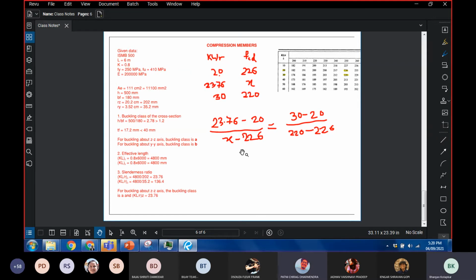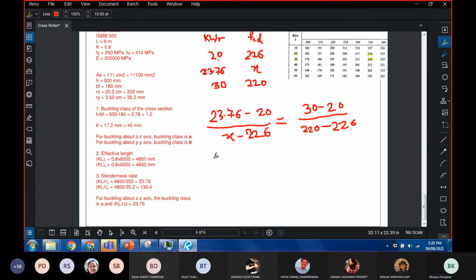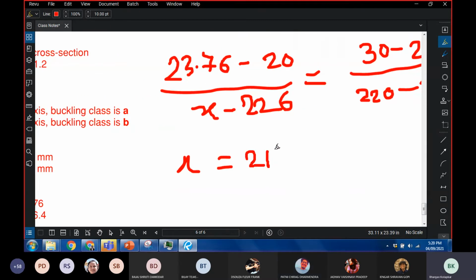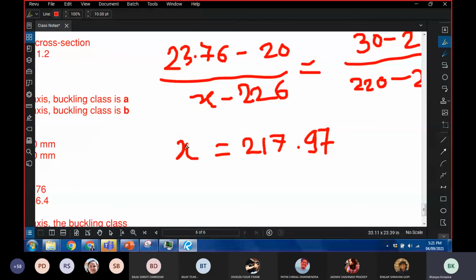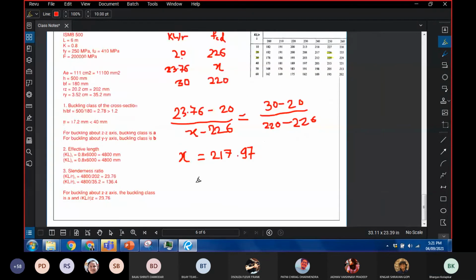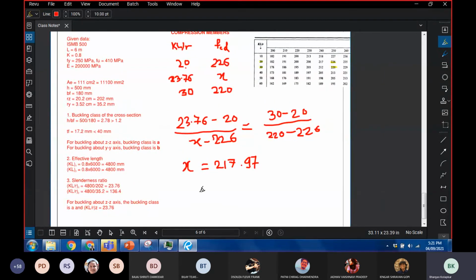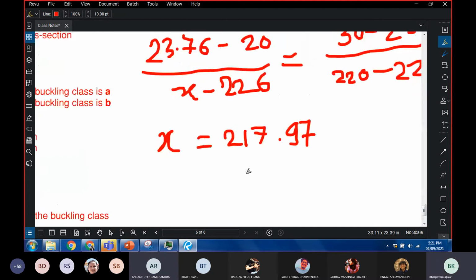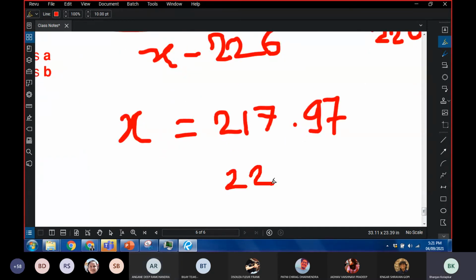Is it 217.97? X is equal to 217.97. Can someone confirm this answer? I got 223.744. 223.74.